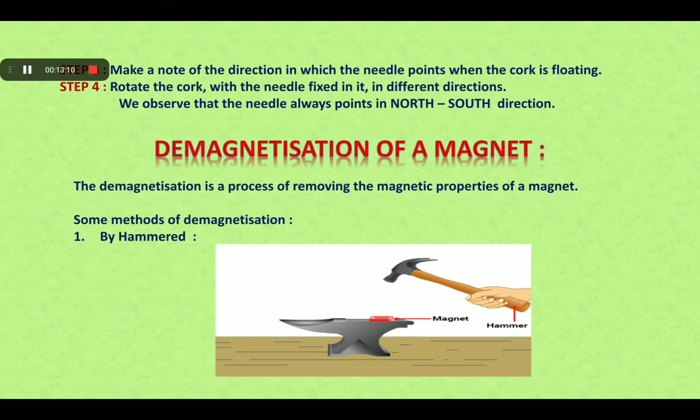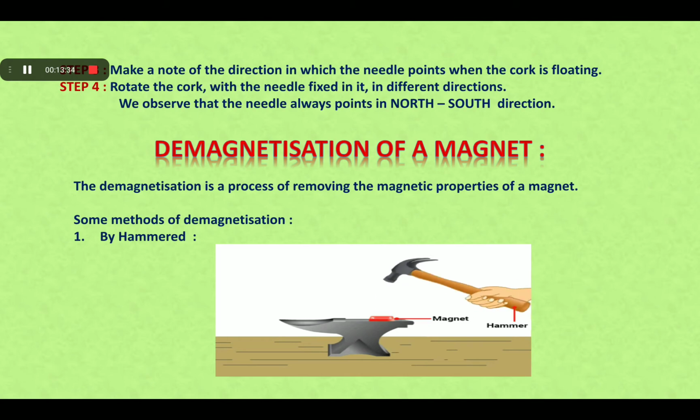The demagnetization can be done by several methods. Here, the first method is hammering. Hammering is a process to demagnetize the magnet.